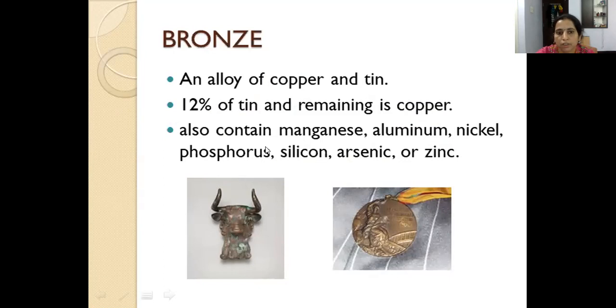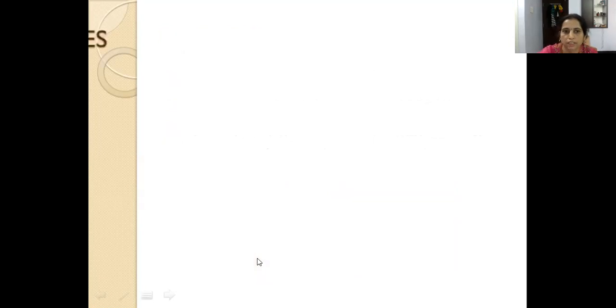Here you have manganese, aluminium, nickel, phosphorus, silicon, arsenic, and zinc, which are added to copper and tin to get the bronze. You can see the appearance of bronze here, which is used for medals, and it is also used for decorative articles.